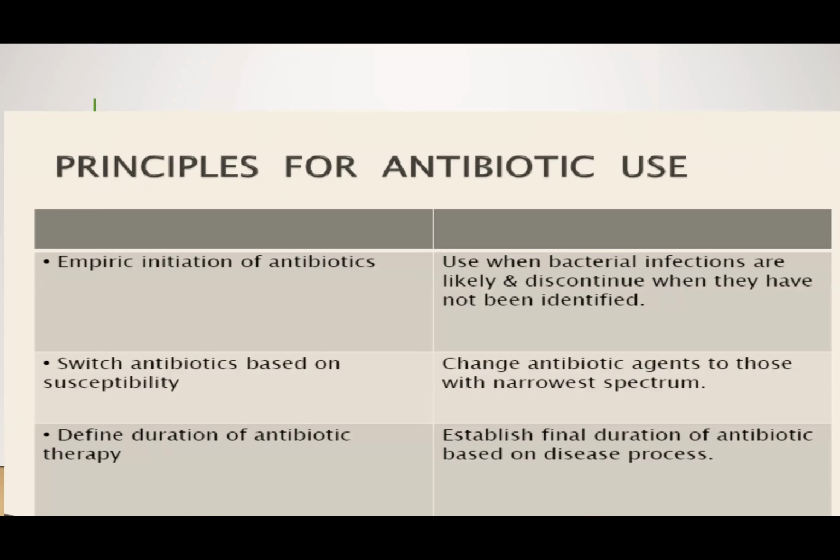So let us revise. We will start empiric antibiotics when bacterial infection is suspected, and discontinue when no pathogen has been identified, I mean, after 48 hours there is no growth and the baby is stable. Or switch antibiotic based on susceptibility, which is the most important.